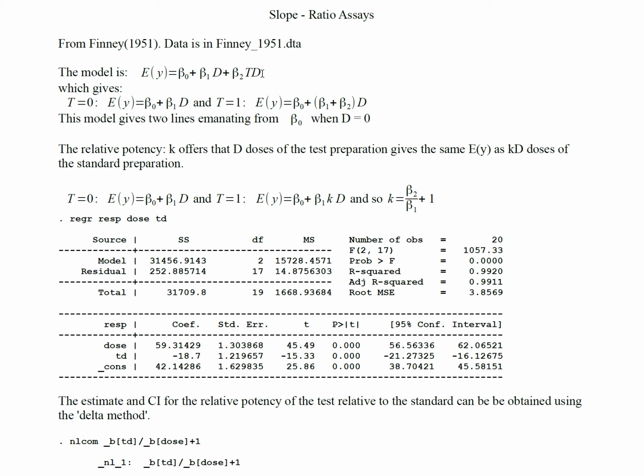Now, I will point out to you here, notice that the variable T is not included here. You would say, wait a minute, if we're going to include, for example, the interaction of T and D, shouldn't I have both D and T in the model?